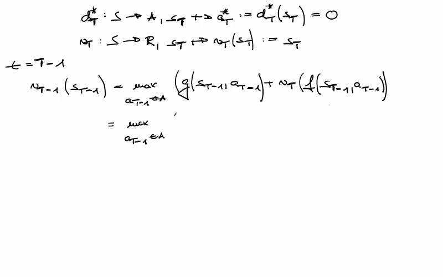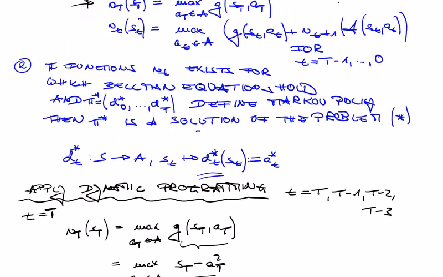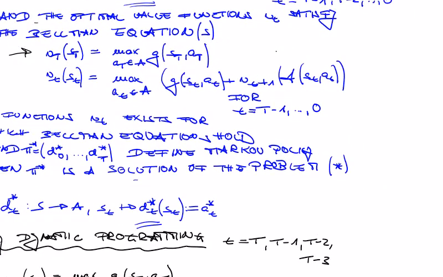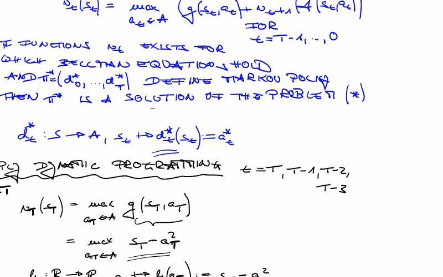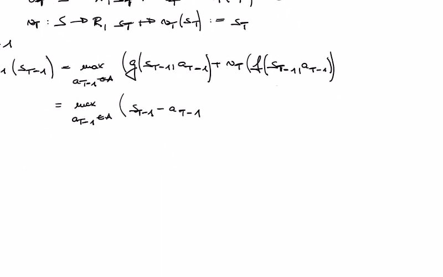Our reward function is always the same. That's always S_t minus a_{t} squared. So just again, here I just wrote up this thing for T minus 1. I haven't done anything else. I just plugged in T minus 1 for the small t that you see here, and now I replaced this one by the reward function already.